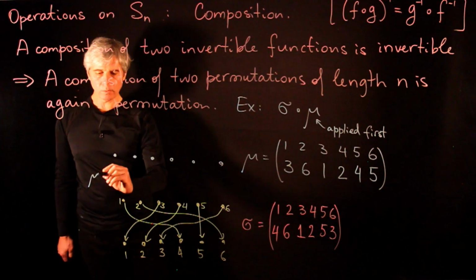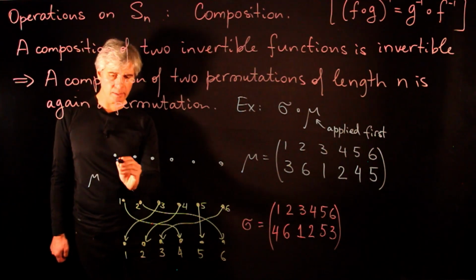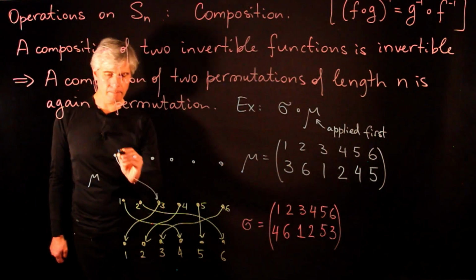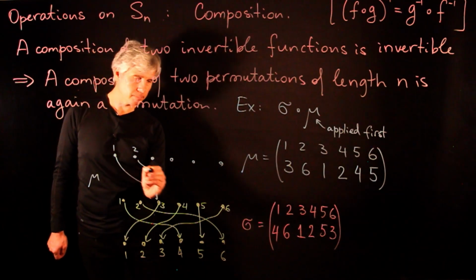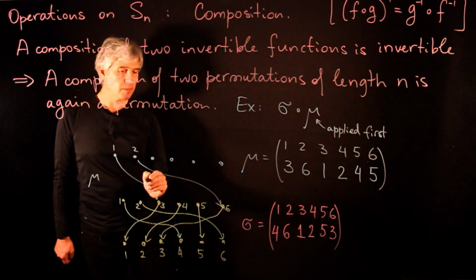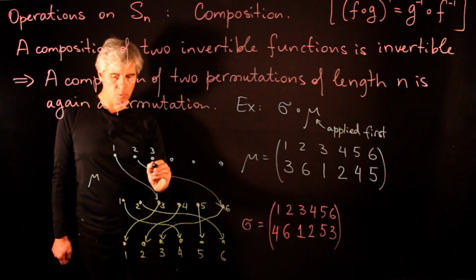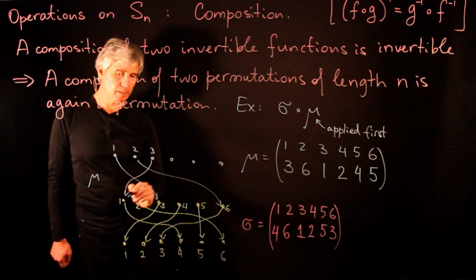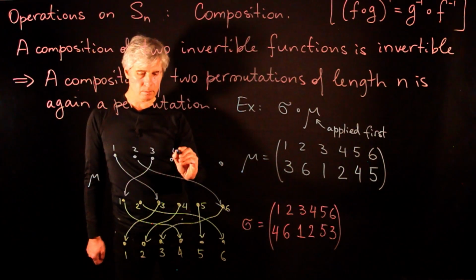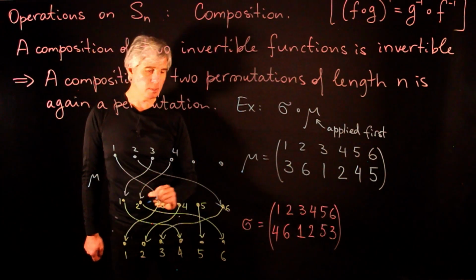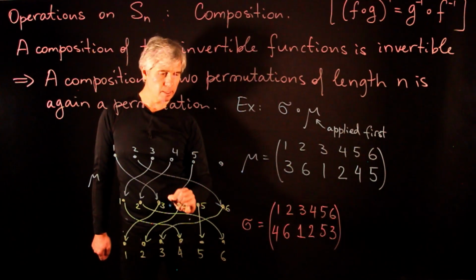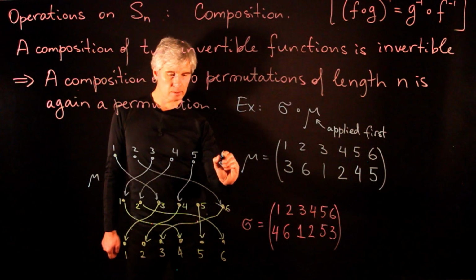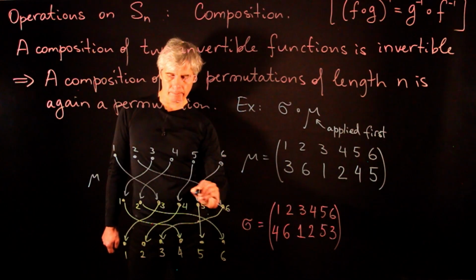So for mu, we have the following diagram. So 1 goes to 3, 2 will go to 6, then 3 will go to 1, 4 will go to 2, 5 goes to 4, and 6 goes to 5.